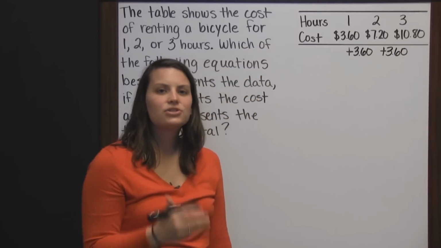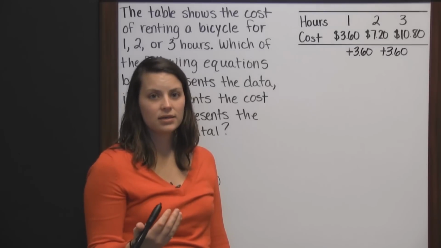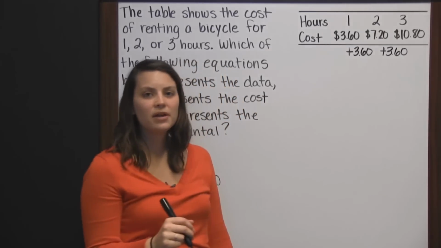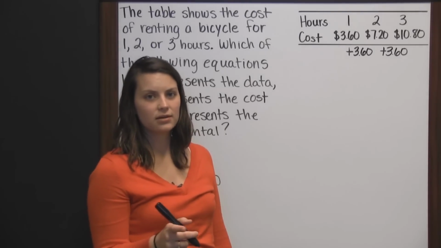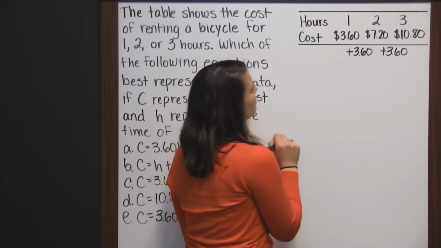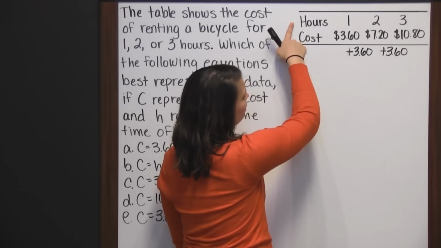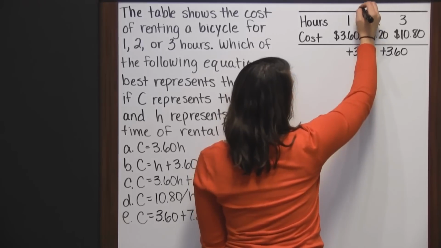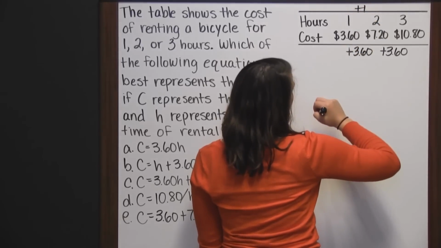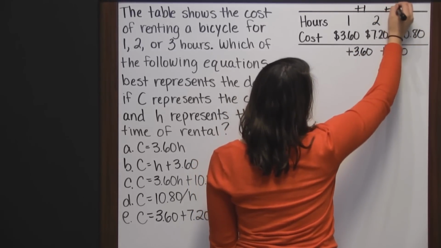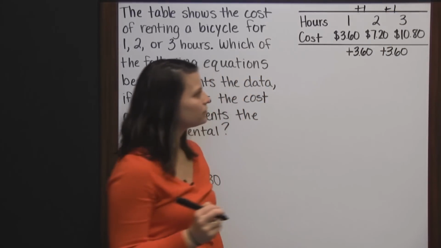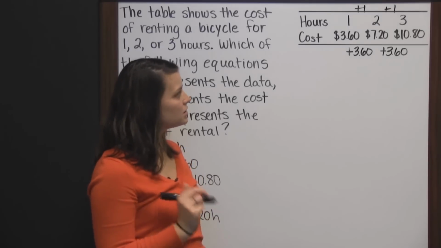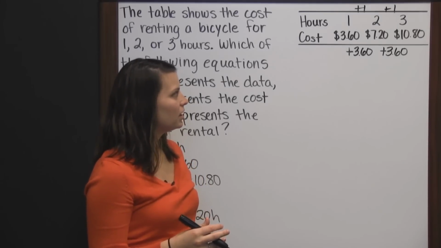So I can see that the change in Y, or the change in the cost, the dependent variable, is constant. I want to now compare and see what's happening with my independent variable, my time. From 1 to 2, I increase by 1. From 2 to 3, I also increase by 1. So there's a constant change in my independent variable, my time, as well.